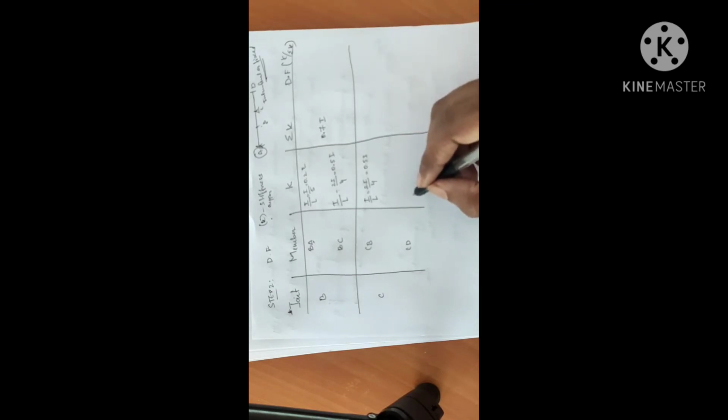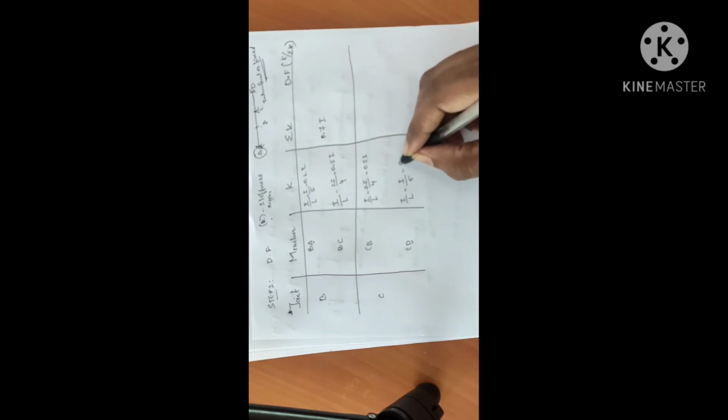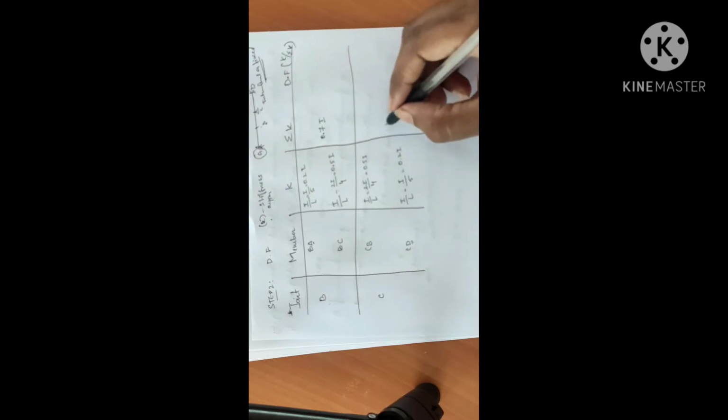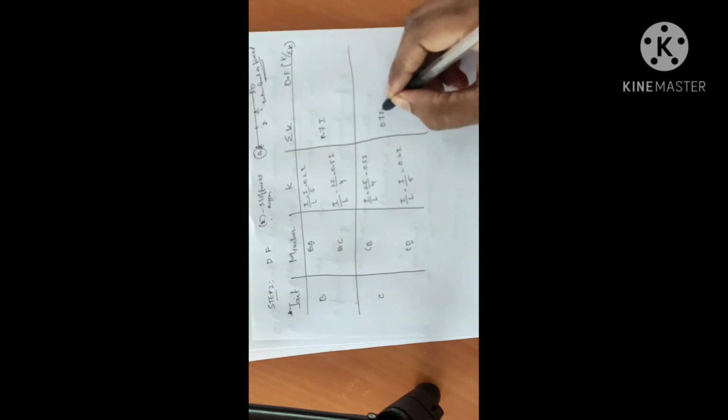For the last CD portion also, you should see the type of support at D. D support is fixed. When it is fixed it is again I by L. What is I there? I is I itself. The length of the member is 5, so it will be 0.2I again. The summation will be 0.7I.